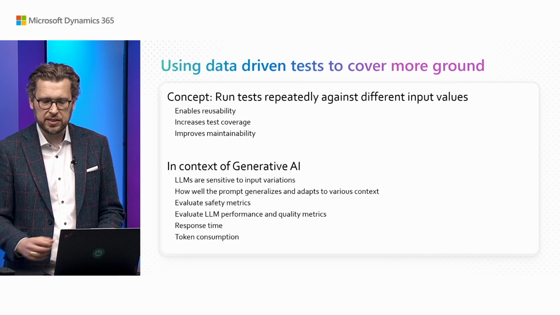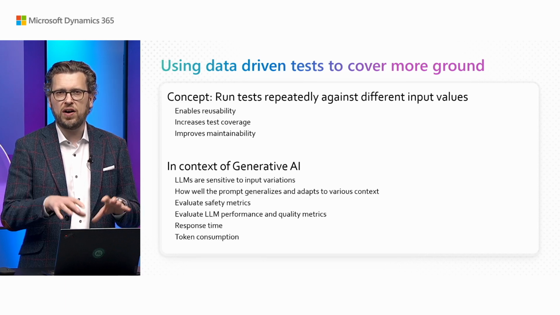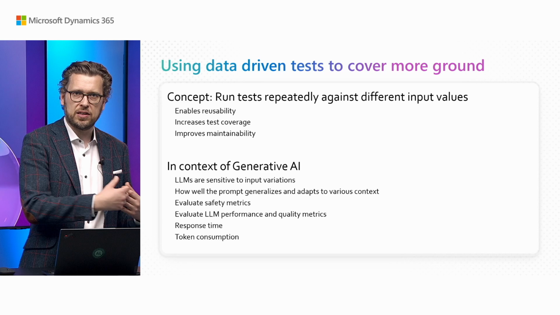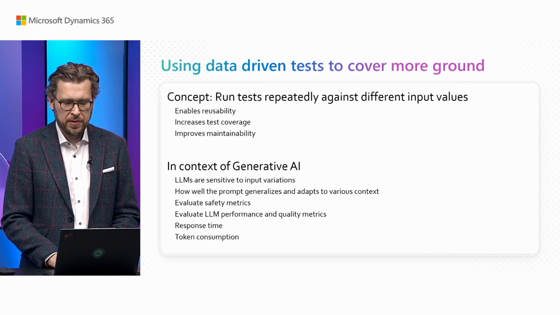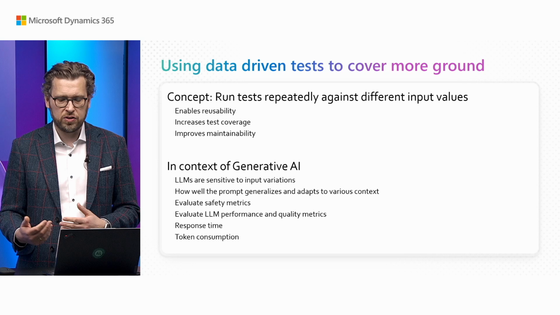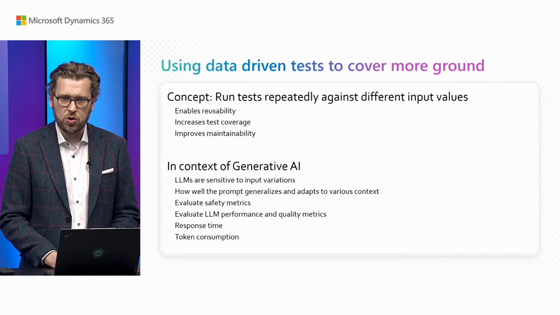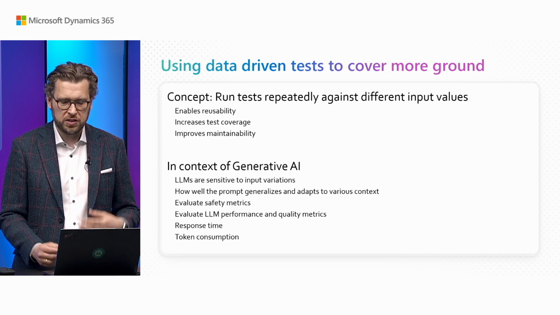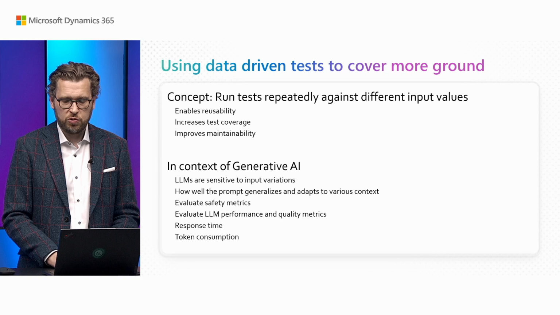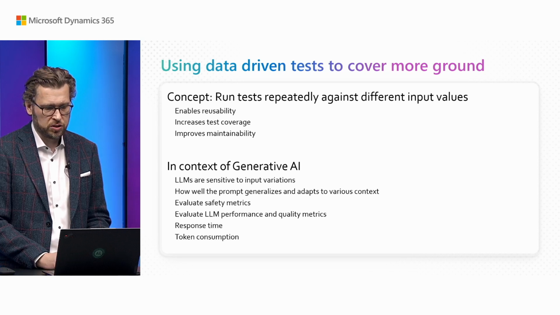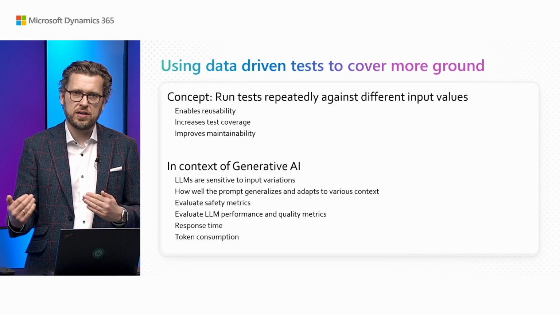And in the context of generative AI, data-driven testing actually helps even more. We know that large language models are sensitive to input variations, and we want to cover how well the prompt generalizes and adapts to various contexts. We also want coverage and variation to evaluate various metrics of our Copilot features, whether it's safety or quality or performance or response time or token consumption, etc. So having data-driven testing there helps a lot.